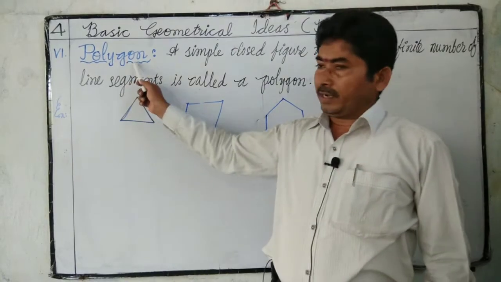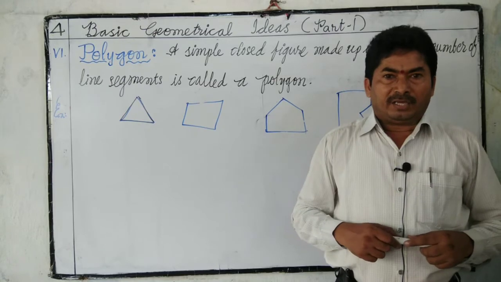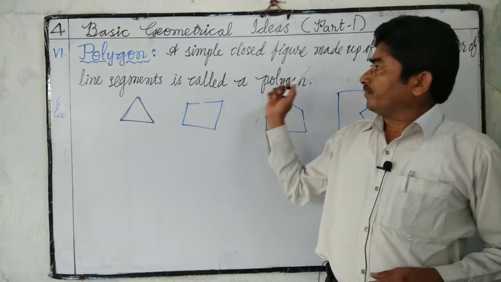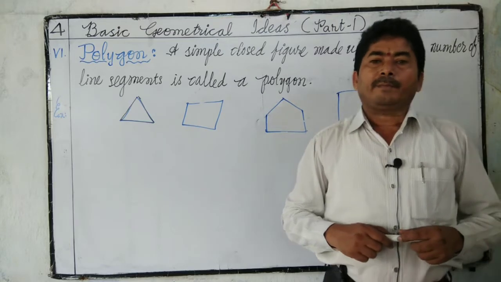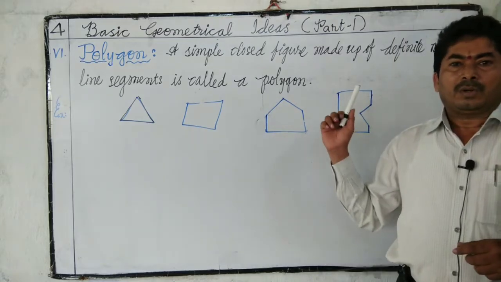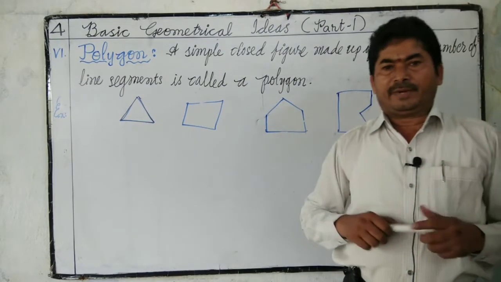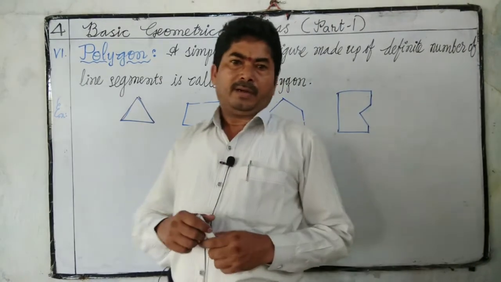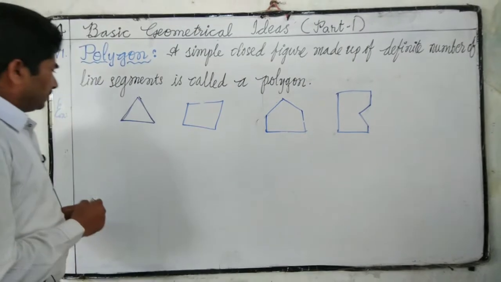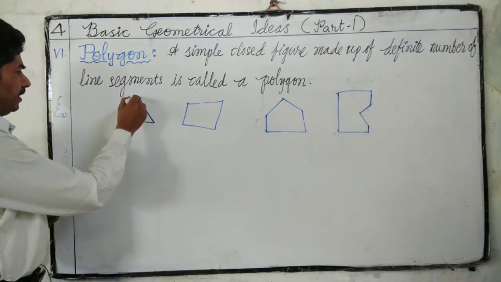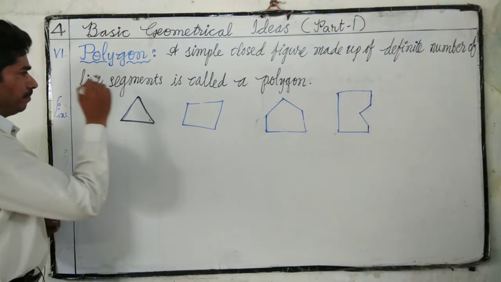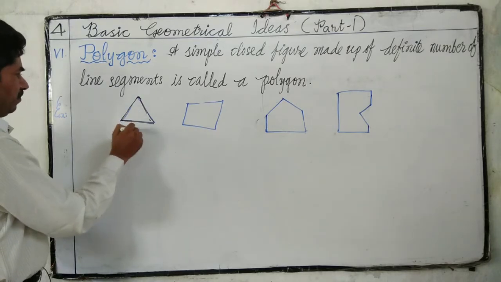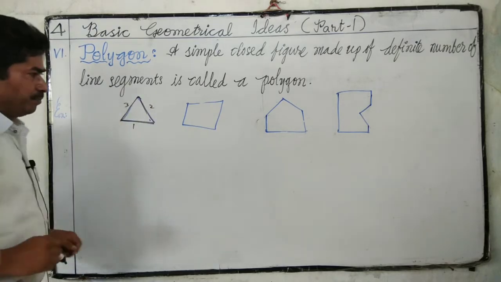Next, polygon. What is a polygon? A simple closed figure made up of a definite number of line segments is called a polygon. Let us see a few examples. This is a closed figure made up of 3 line segments, 1, 2, 3.